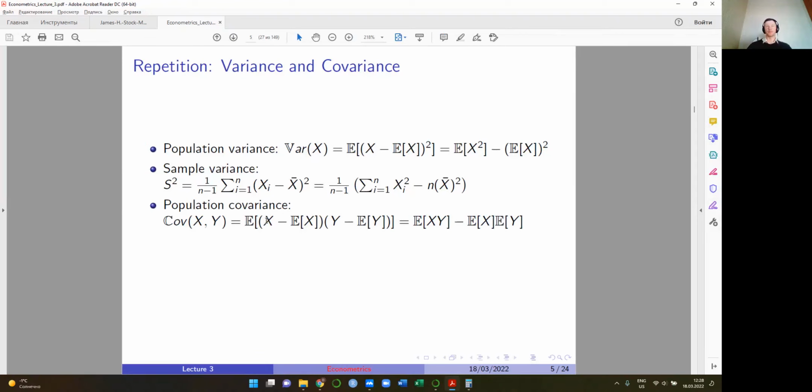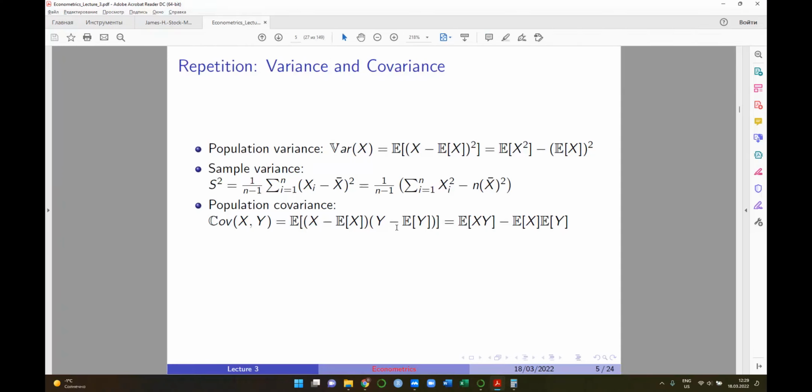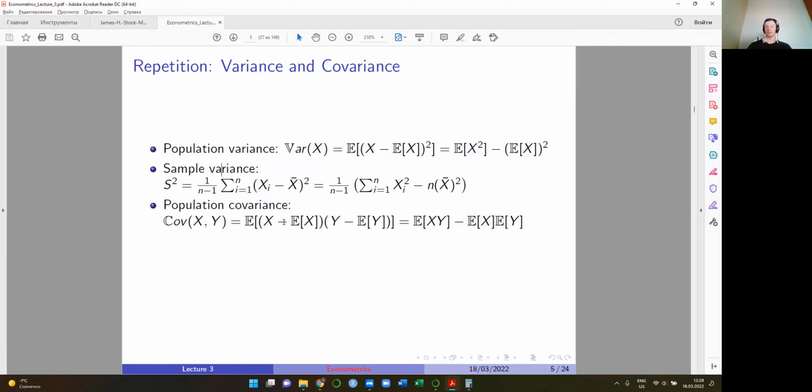And so here we have the product of these deviations of x and expected value of x, and y and expected value of y. And similarly to this formula, we can reformulate this as the following thing. So that's expectation of xy minus expectation of x multiplied by expectation of y.